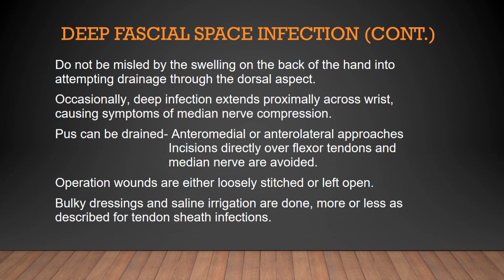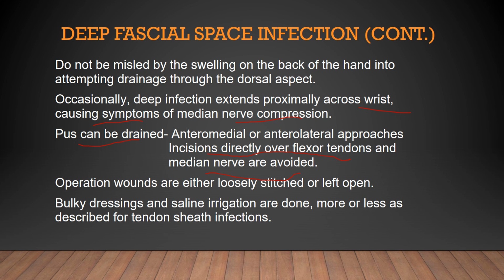And do not be misled by the swelling on the back of the hand into attempting drainage through the dorsal back. Occasionally, deep infection would extend proximally across the wrist, which causes symptoms of median nerve compression. The pus can be drained either through anteromedial or anterolateral approaches. Incisions directly over the flexor tendons and median nerve are avoided.